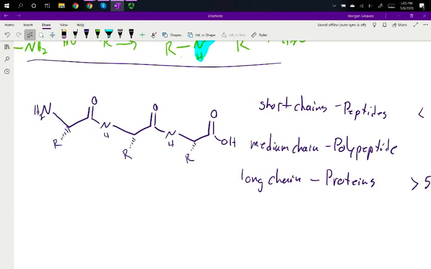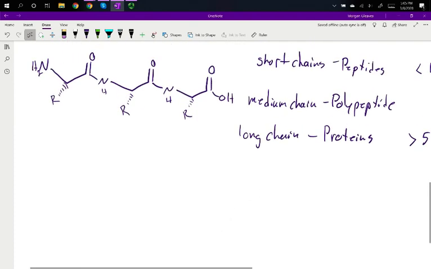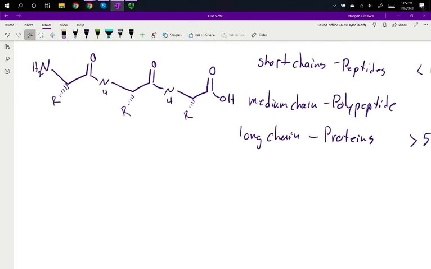So we can link our amino acids together. Well, how do we do it? Generally, it's as shown above. We tend to go from the N-terminus, the amine side, to the C-terminus, the carboxylic acid side.